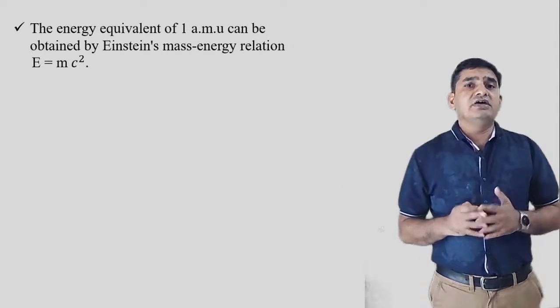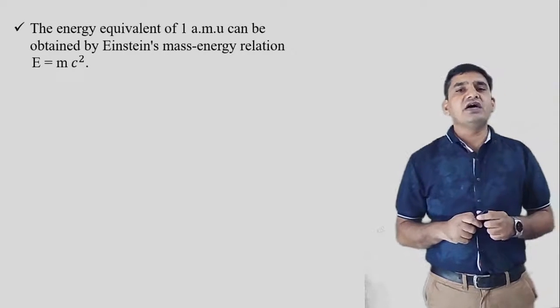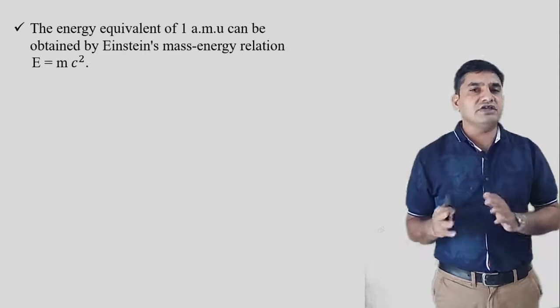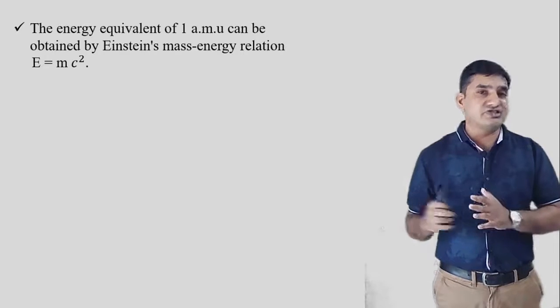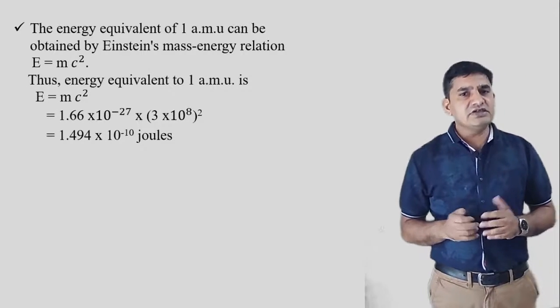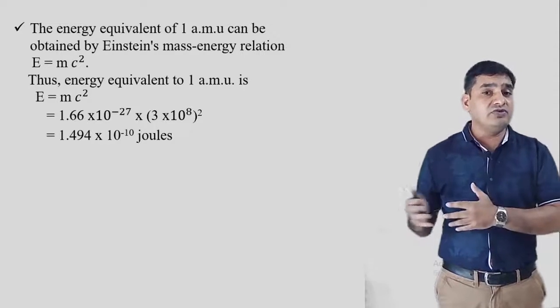The energy equivalent to 1 AMU can be obtained by using Einstein's mass energy relation, which is E is equal to m c squared, where m is the mass and c is the velocity of light. Thus we obtain the energy equivalent to 1 AMU.